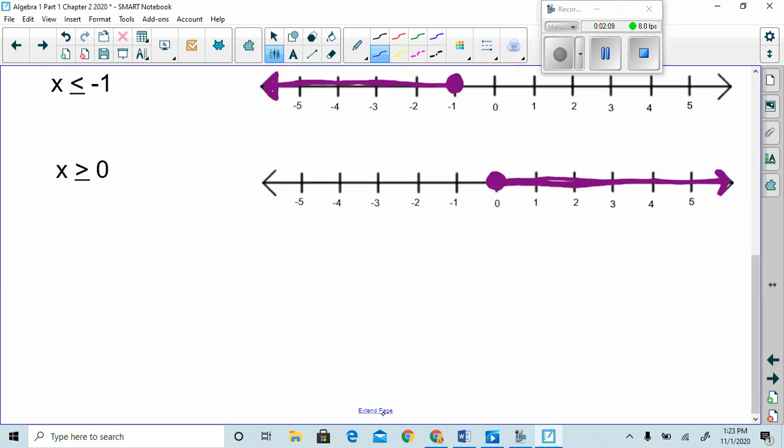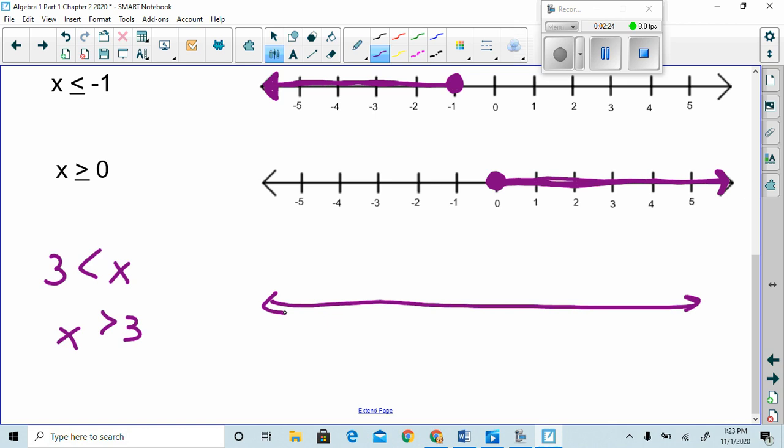Please be careful, because if I do give you something like 3 is less than x, remember that you have to rewrite that as x is greater than 3 before you go ahead and graph. So again, a rough sketch of that one. It would be open circle and shading. Always, always, always write an inequality with your variable first.